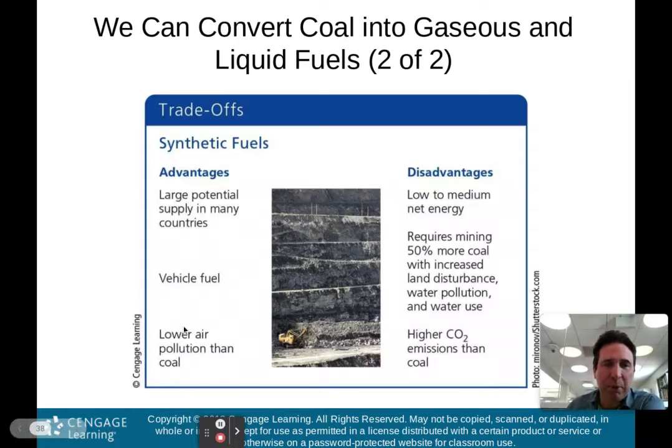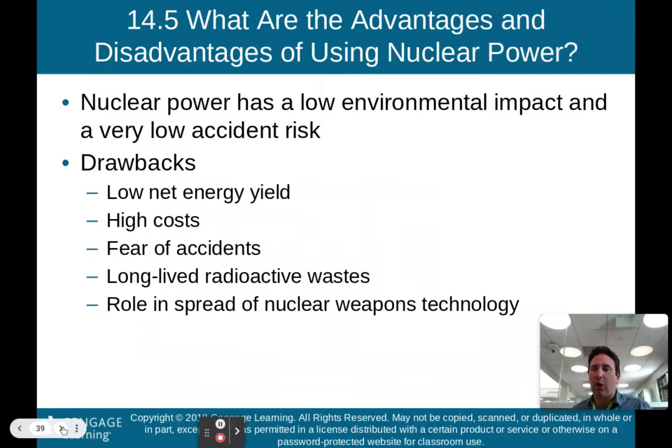So lower air pollution means there may not be as many of those particles, right? That coal ash, those particulates in the sky, with the synthetic coal, but you actually have higher carbon dioxide emissions. So at the end of the day, probably not the way to go, but just understand what these synthetic fuels are all about.